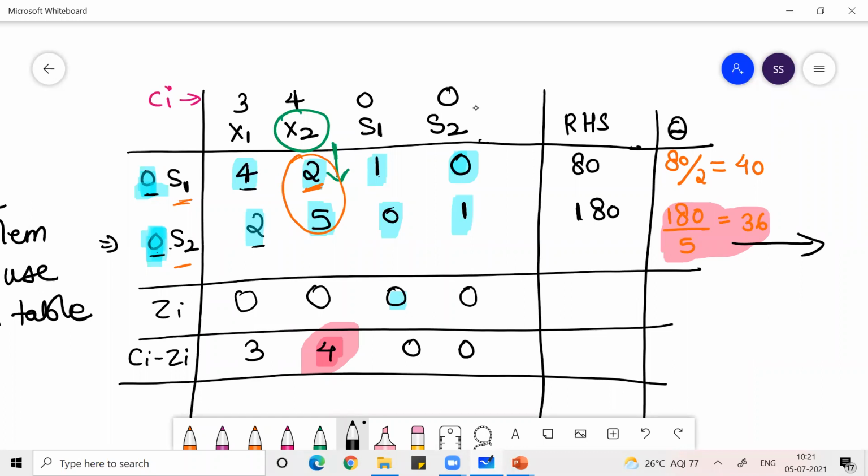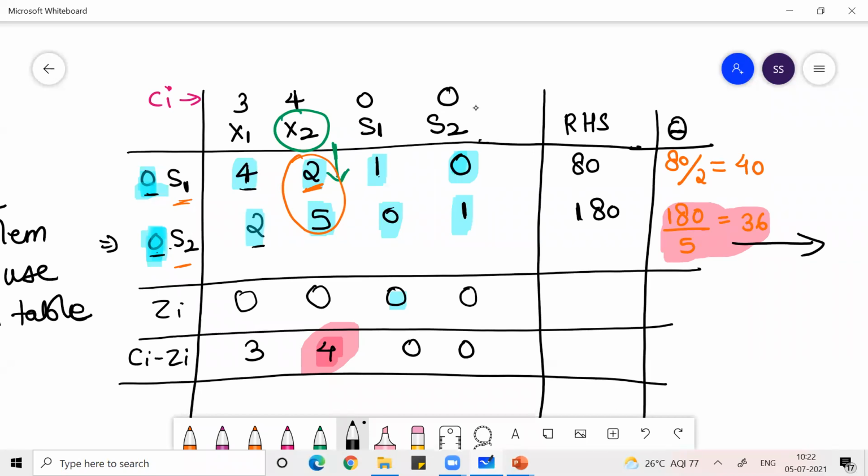The variable having the highest Ci minus Zi will enter into the solution, and it will replace either S1 or S2. That depends on theta. How do we find theta? By dividing the RHS by the corresponding elements of the variable which is going to enter.